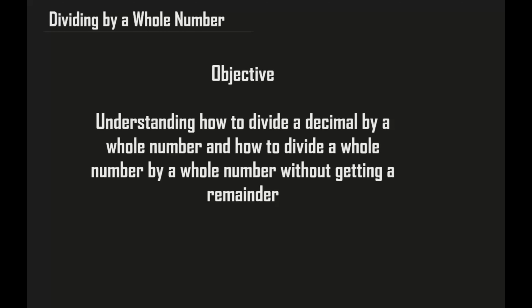So our main part of the objective is divide a decimal by a whole number, and how to divide a whole number by a whole number without getting a remainder. So we shouldn't get a remainder when we divide a whole number by a whole number. Instead, we should get a remainder of 0.